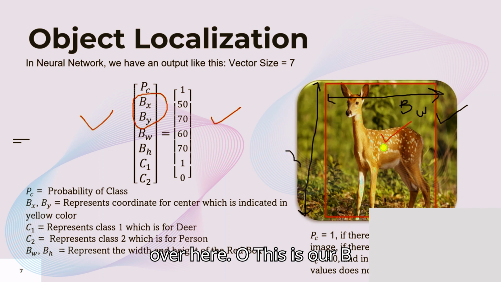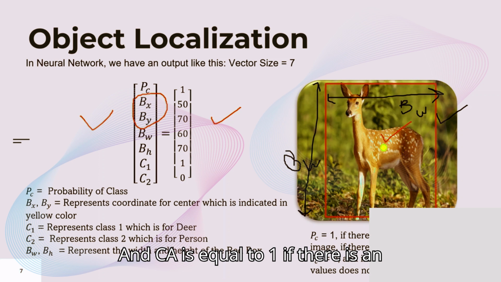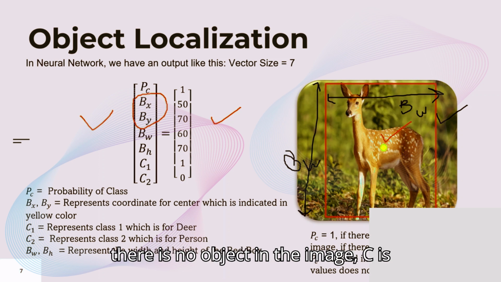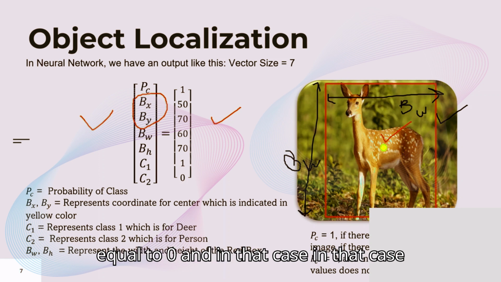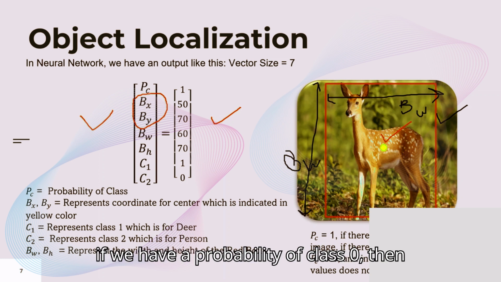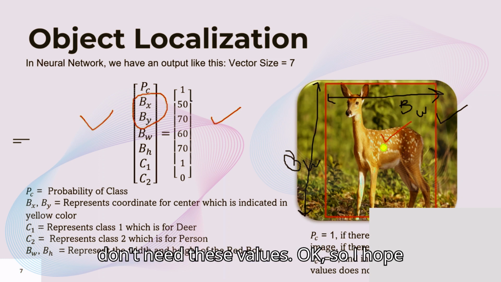And PC is equal to 1 if there is any object in the image. If there is no object in the image, PC is equal to 0, and in that case, the rest of the values don't matter, because we don't need these values. Okay, so I hope you got this point.